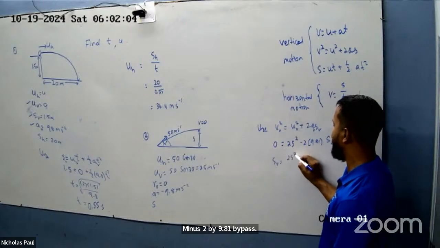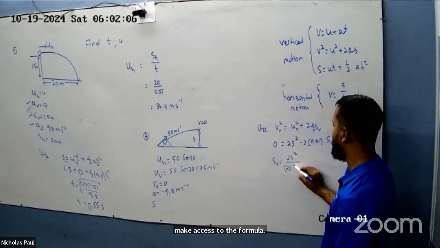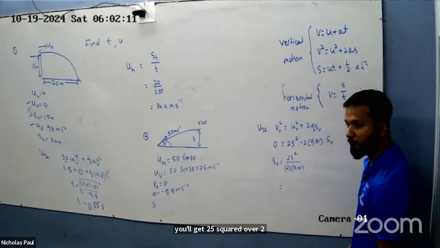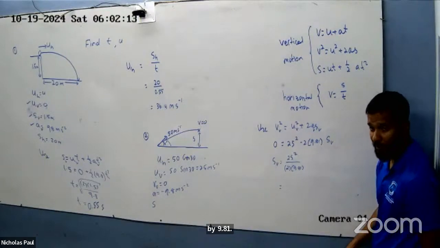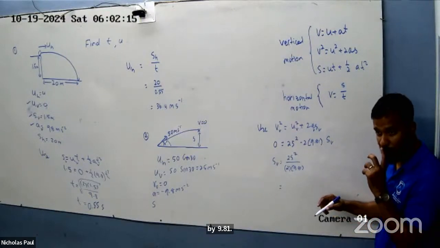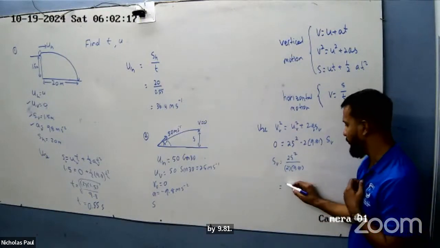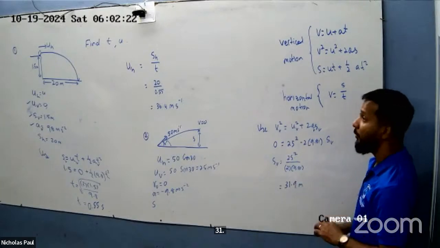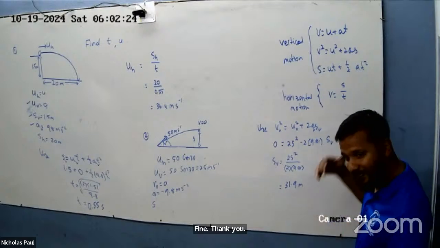You'll get 25 squared over 2 by 9.81. Okay with that? How much is this? 31.9.